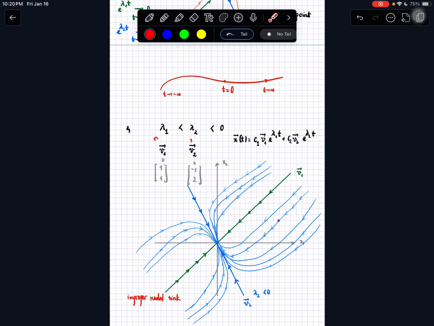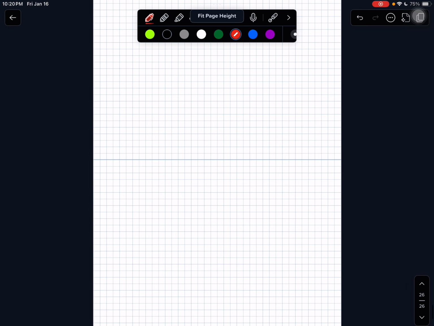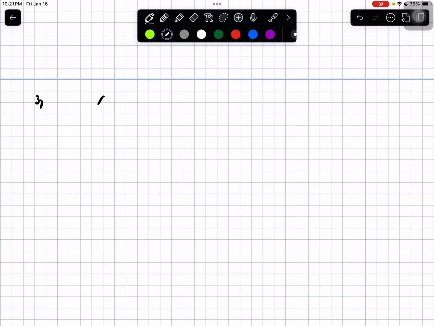Now what about, we can try one, what if the case where lambda 1 is bigger than lambda 2 and bigger than 0? Say v1, v2.